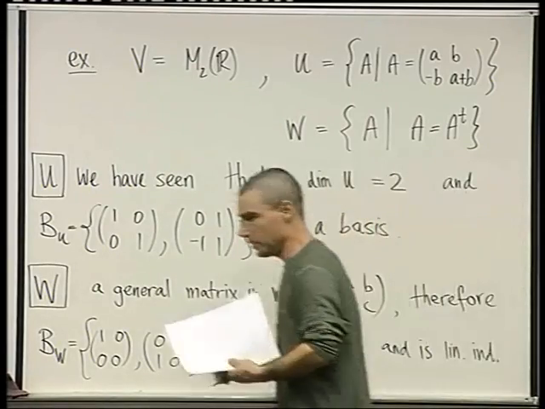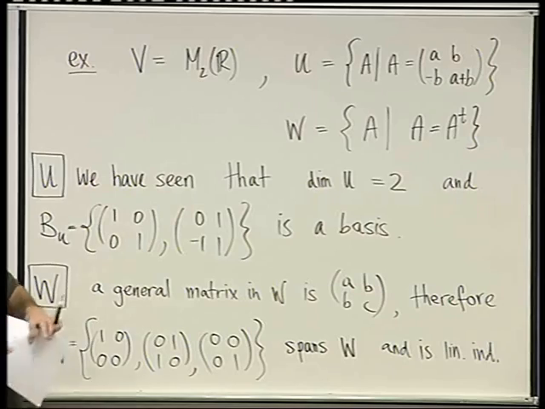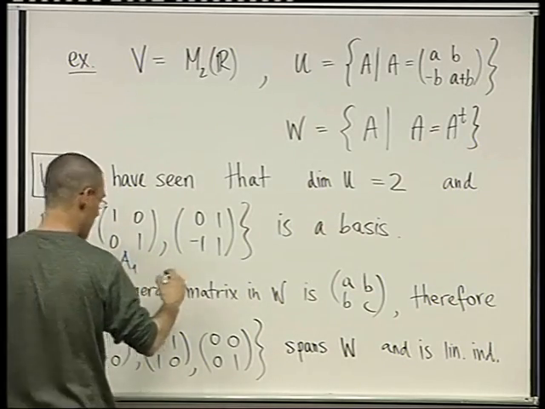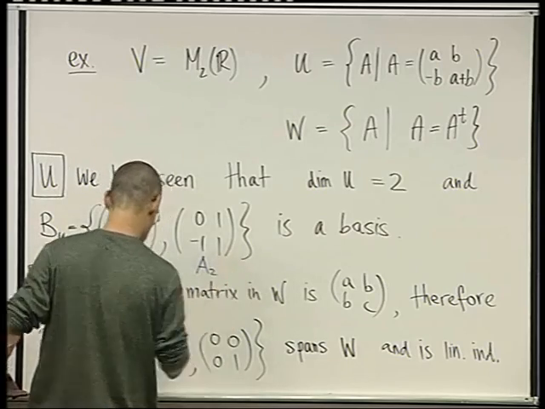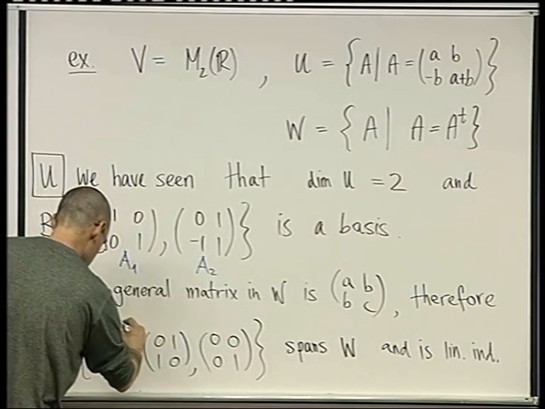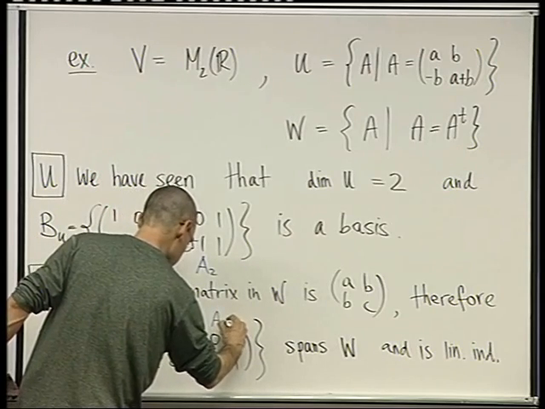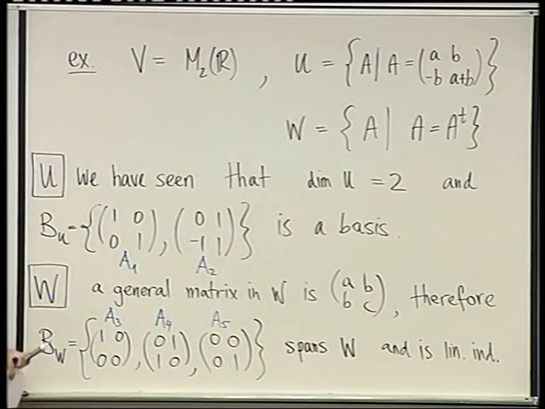Let's make life a bit easier by giving them names. So let's call this guy A1, this guy A2, this guy is going to be A3, A4, and A5. Okay?